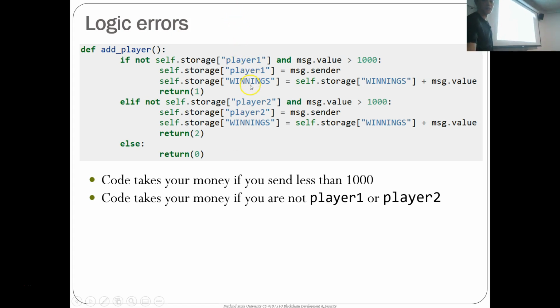If both of these things did get set and you accidentally called it, then you basically lose the money. So what you should have done, instead of return 0, is maybe a revert. Say, hey, you can't add yourself because you don't have enough money or you're not one of these players. So this is a logic bug that this particular smart contract has.